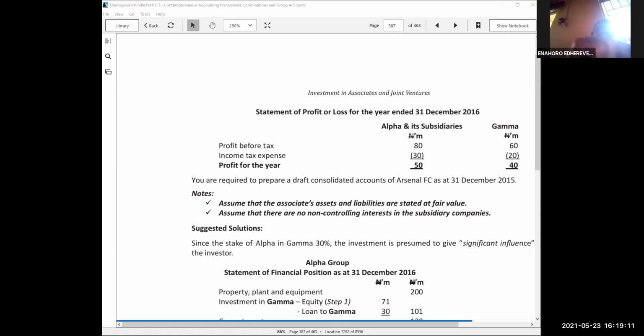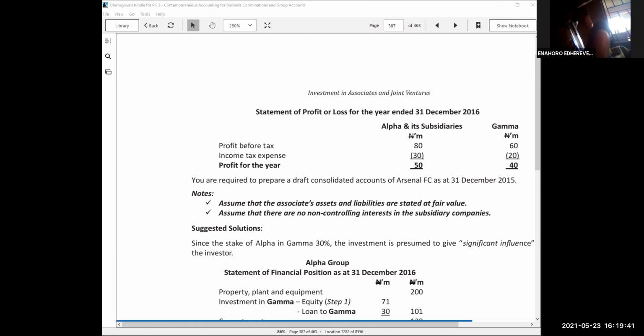Okay, I think what I see there is the consolidated statement account of Alpha. I think it should be Alpha. It looks like it is consolidated because it's Alpha and its subsidiaries.